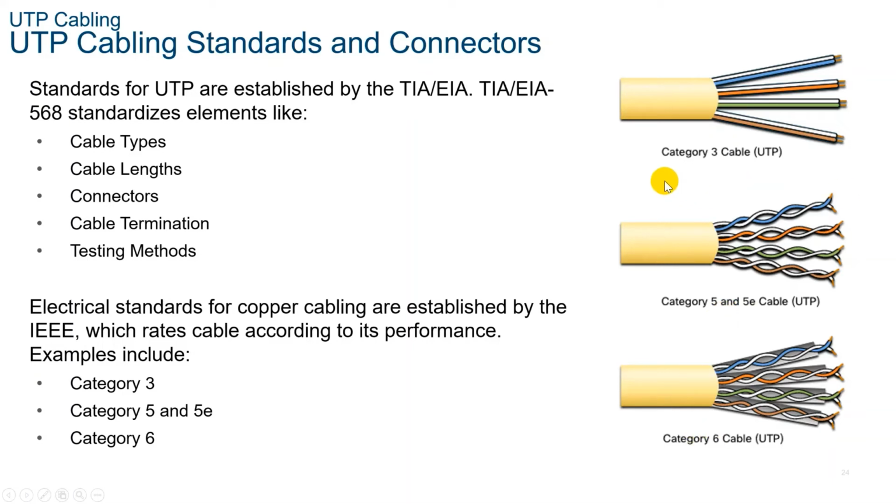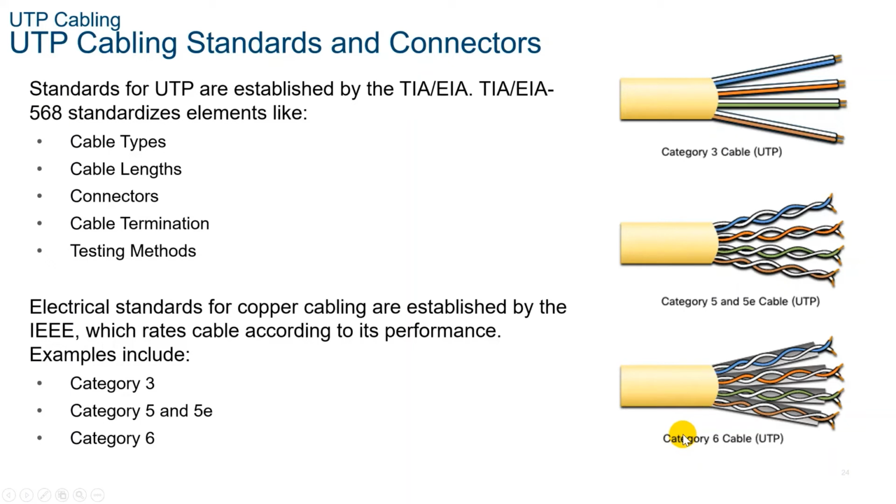Category 3 was originally used for voice communication over voice lines, but later used for data transmission. The next is Category 5 and 5E, used for data transmission. Cat5 supports 100 Mbps and Cat5e supports 1000 Mbps.